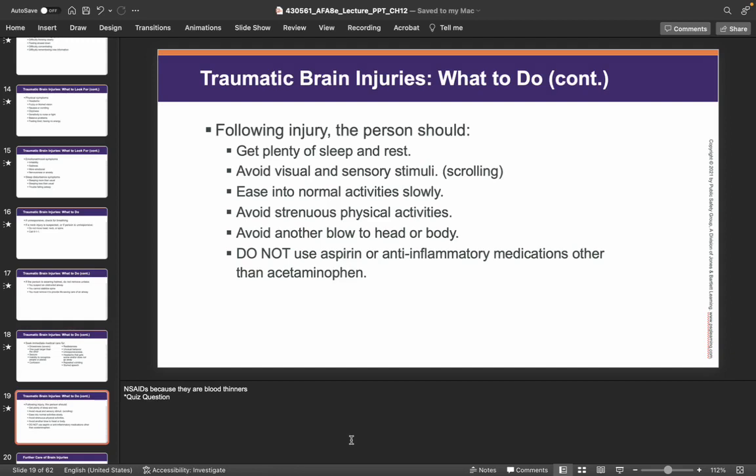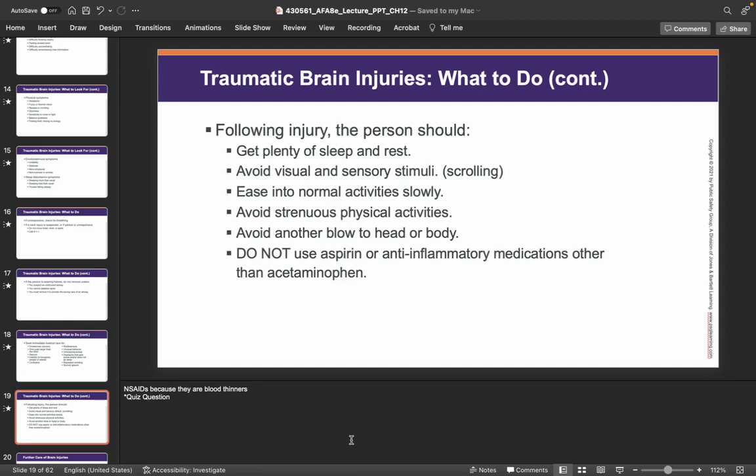Okay, so ibuprofen, naproxen, aspirin, those drugs you do not want to use immediately following a traumatic brain injury or a concussion, because if there is some sort of a brain bleed, okay, a slow brain bleed, those drugs, ibuprofen, aspirin, naproxen, or NSAIDs is what they're called, the category, they are also blood thinners.